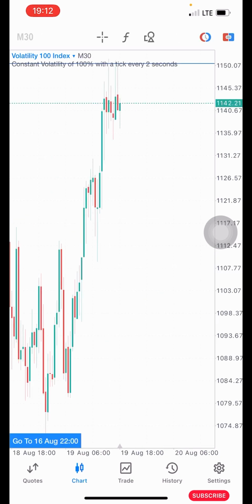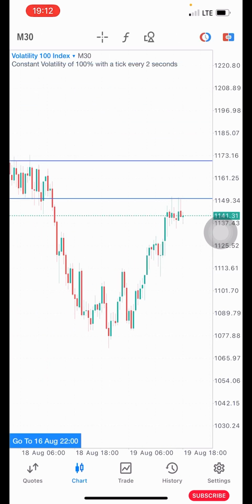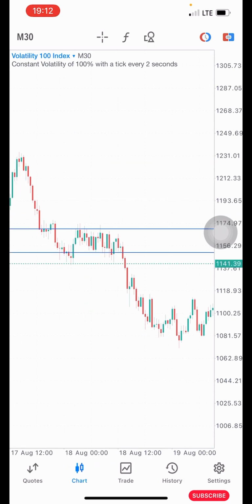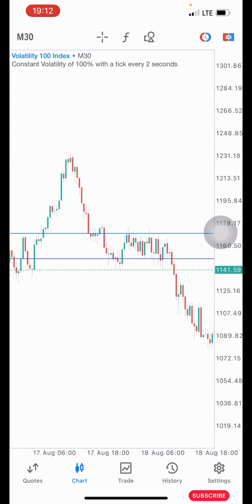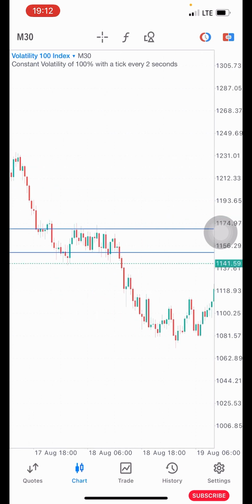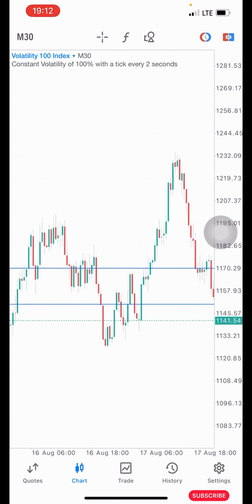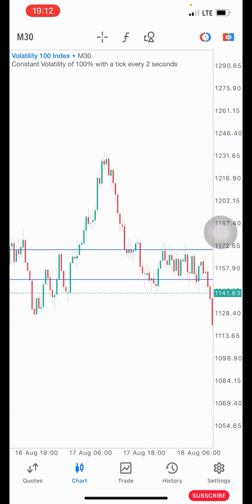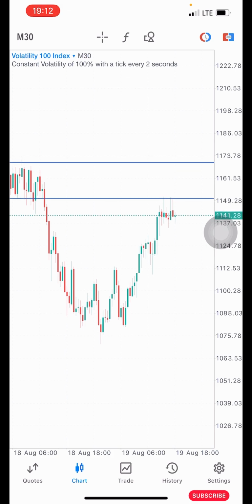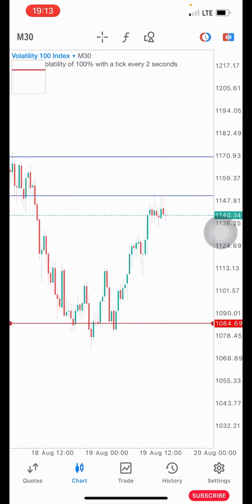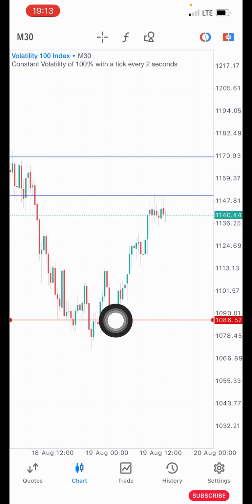I'm going to step down to the 30-minute time frame to see what I can do. Everything is still in line, still in place. Now there is a support around this place that is bouncing price to the upside.